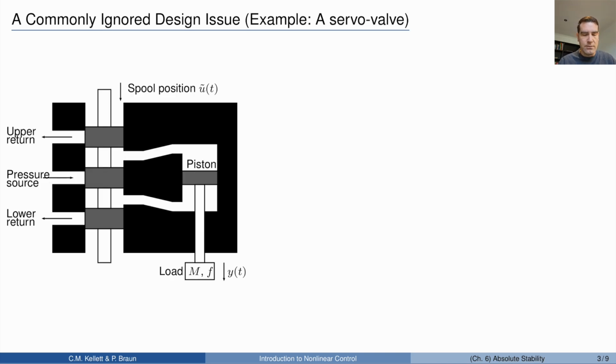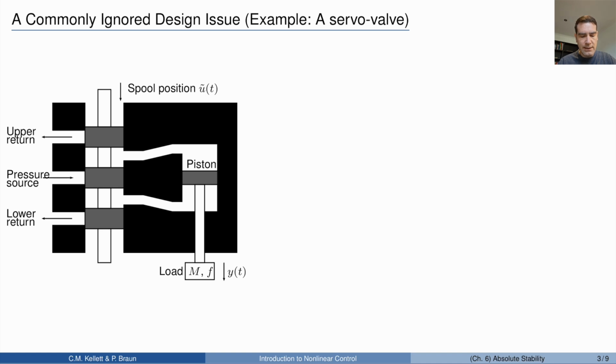Another one is shown through this example here, through an example of a servo valve, where we have an input U here on this side, which we can use to move this spool up and down, and then through pressure in this valve, that leads to a change here in the output Y, also moving this piston up and down.